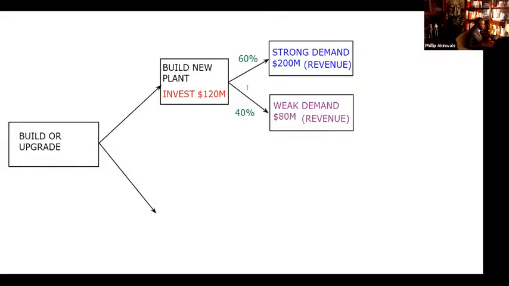So we're going to take a look at the strong demand. We're going to find the profit, and then multiply that amount by the percentage, but we're going to convert this percent into a decimal.